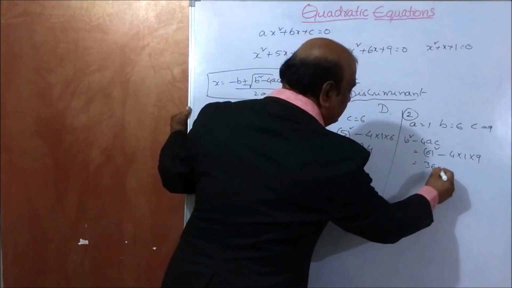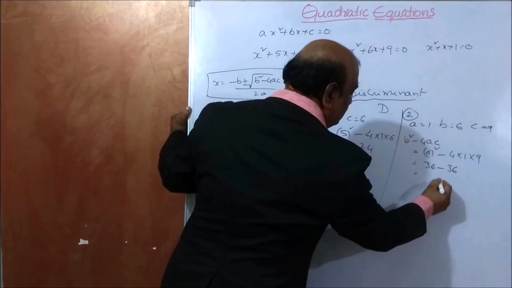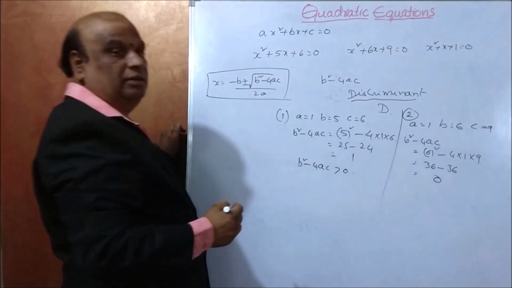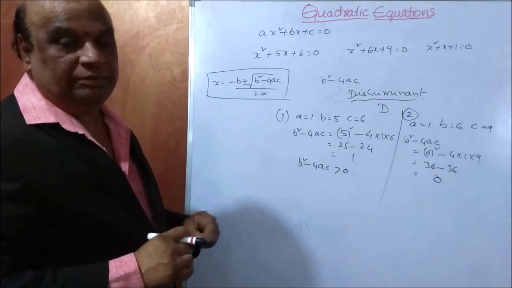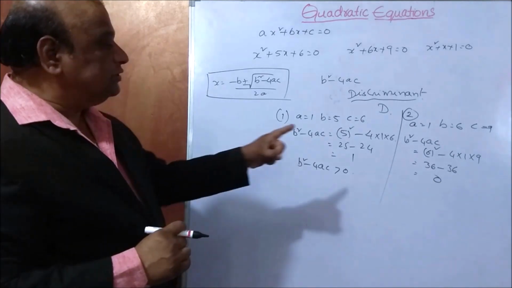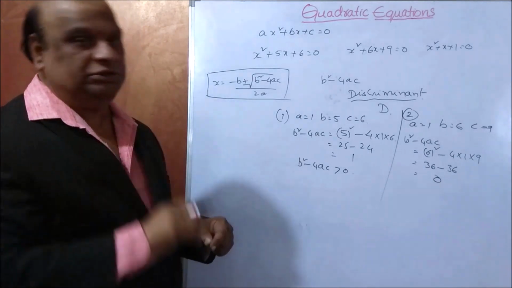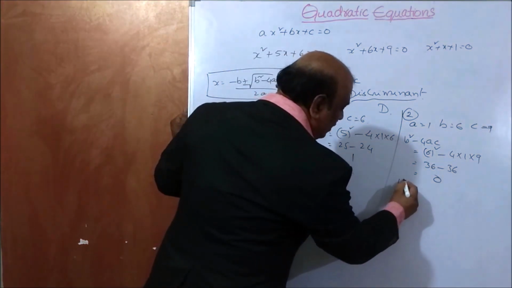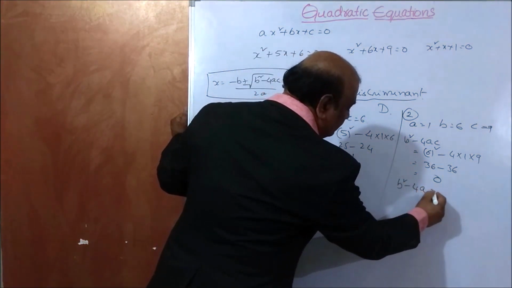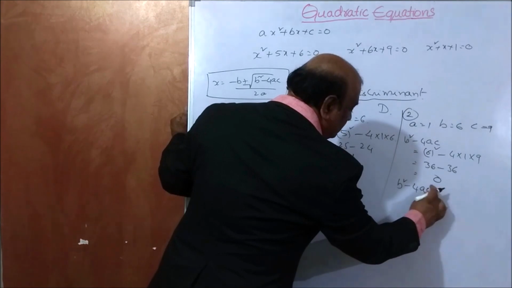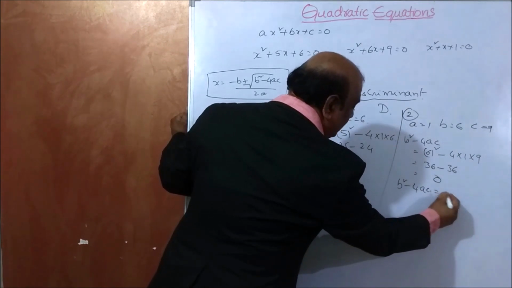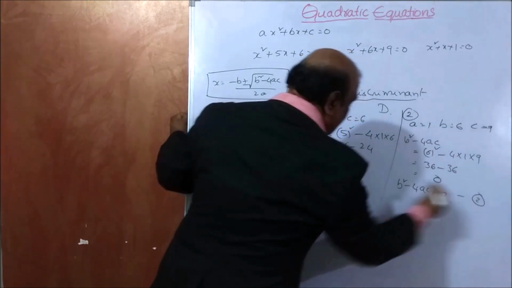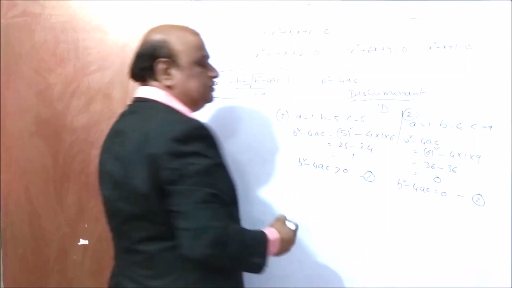That is 36 minus 36, that is equal to 0. Now dear students, observe here carefully. b square minus 4ac is equal to 0. It means neither positive nor negative. b square minus 4ac is equal to 0 we are getting in the second case.